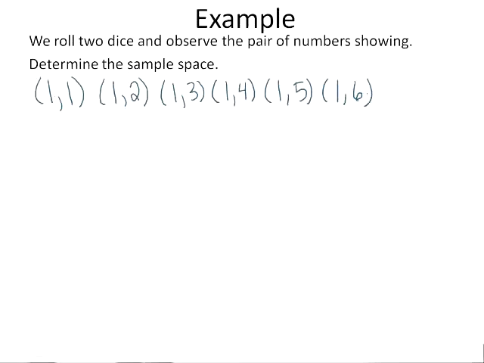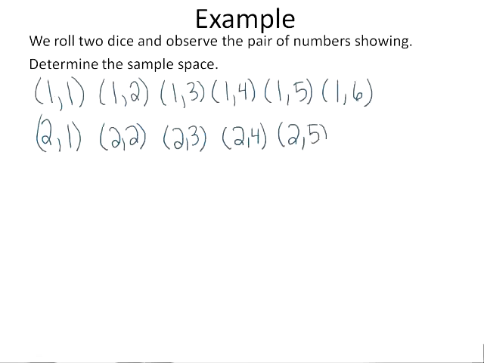So all of those ordered pairs listed have a 1 outcome for the first die. Well, we of course can have an outcome of 2 on the first die. Then we could have an outcome of 1 on the second, an outcome of 2, outcome of 3, and so on.